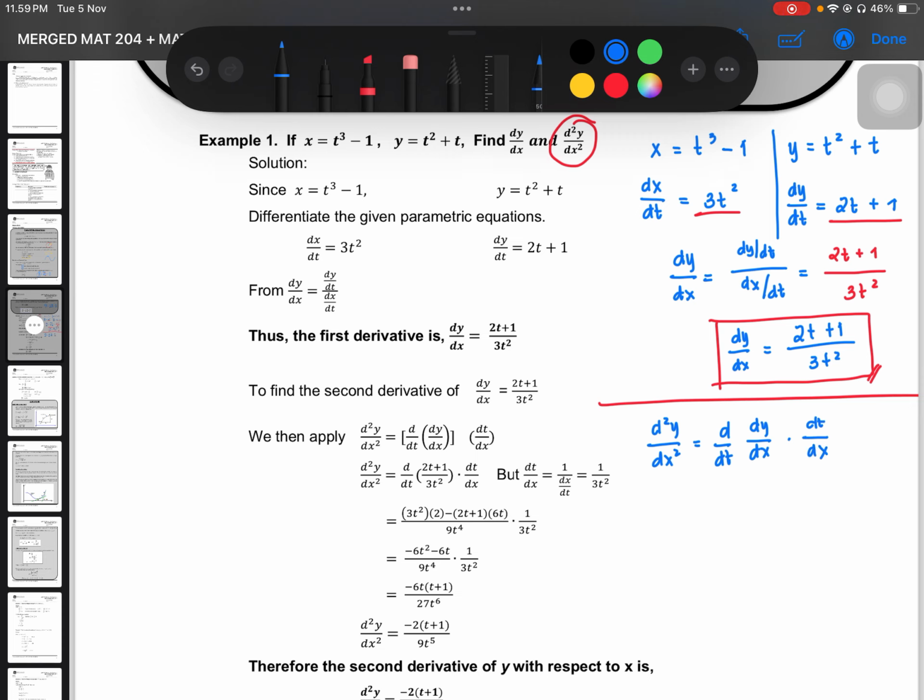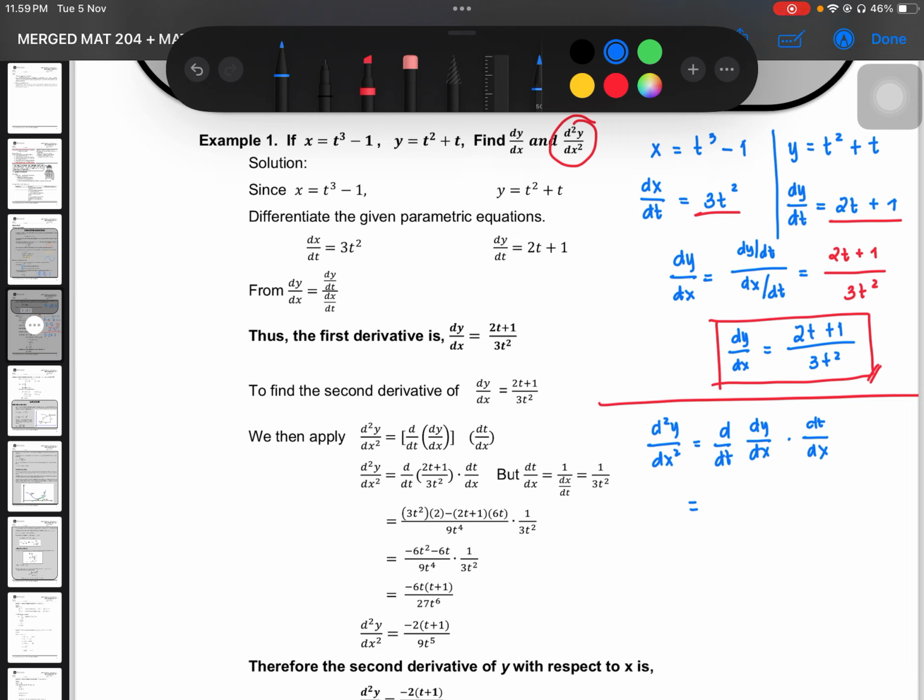So, babalik na rin lang natin siya. Alright, so now we have, ano yung derivative natin ng this one. We get the derivative of 2t plus 1 over 3t squared. So, this is quotient rule. Okay, para sa quotient rule natin, vdu minus udv over v squared.